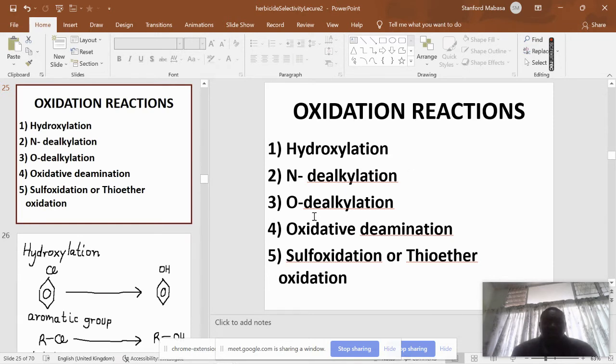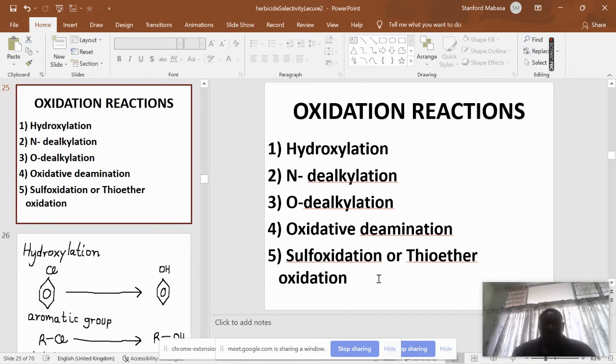Number 3, O-dealkylation. 4, oxidative deamination. 5, sulfoxidation or thioether oxidation.